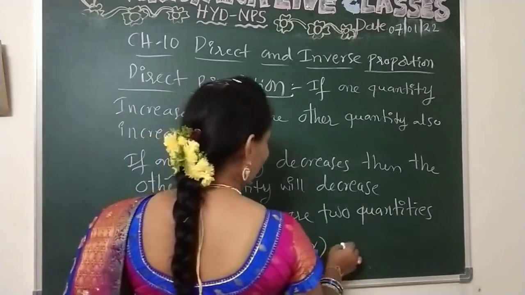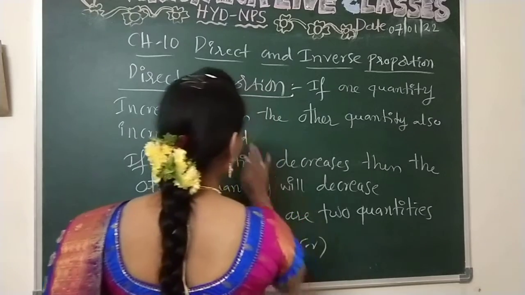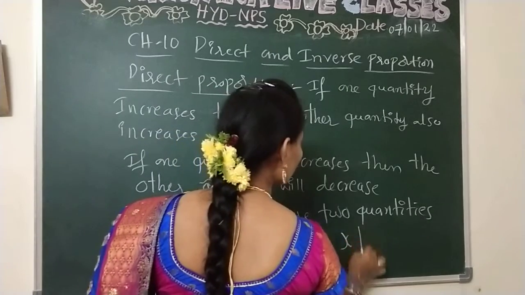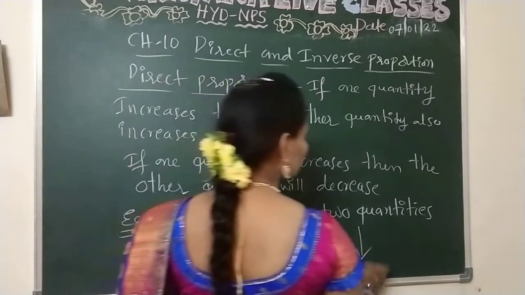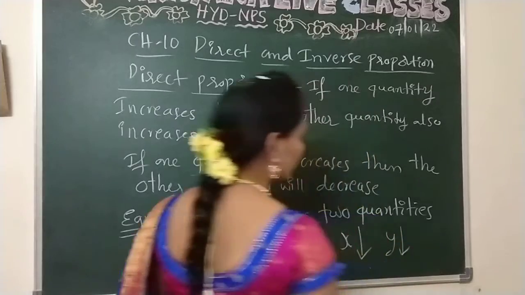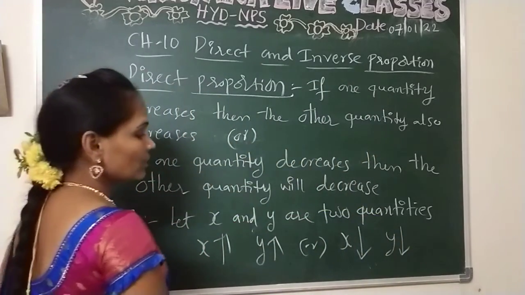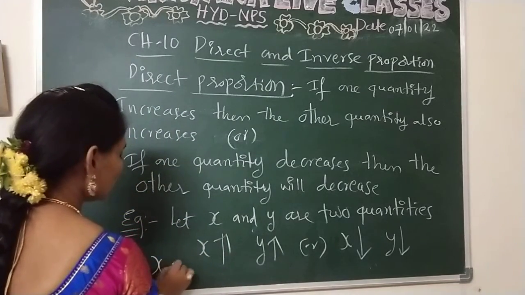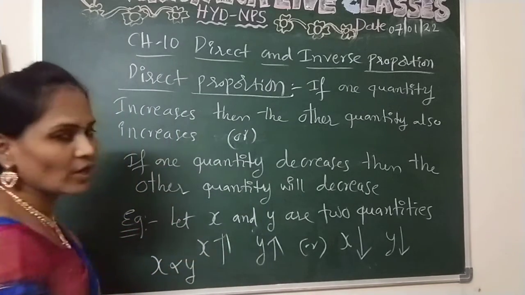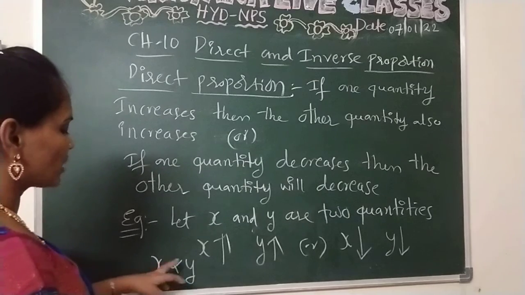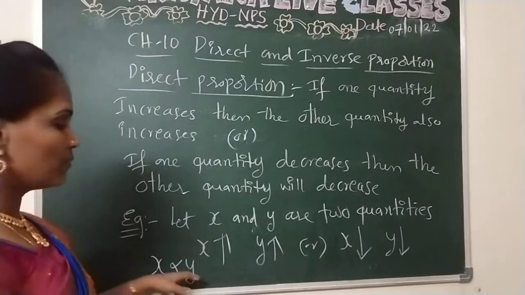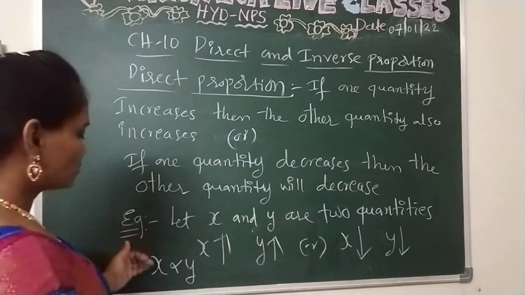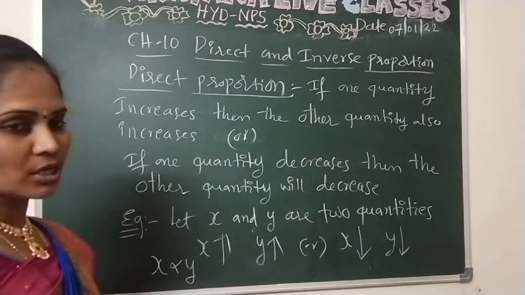Or, if the quantity x decreases, y also will decrease. Here x is directly proportional to y. Why? Because if x increases, y also increases, and if x decreases, y also decreases.